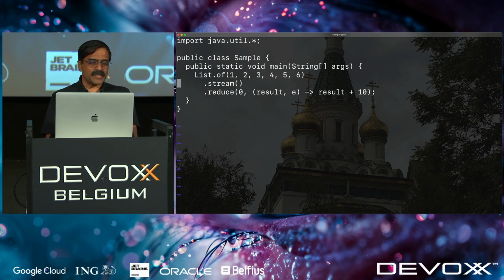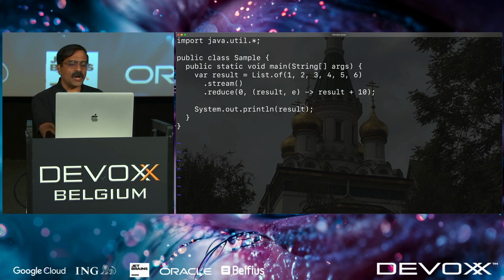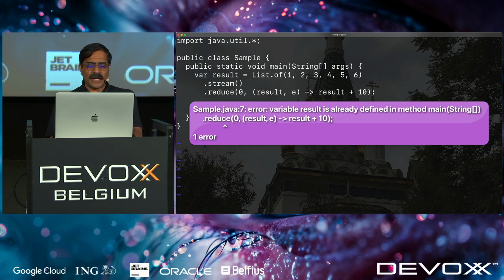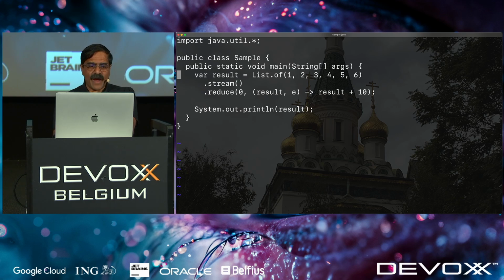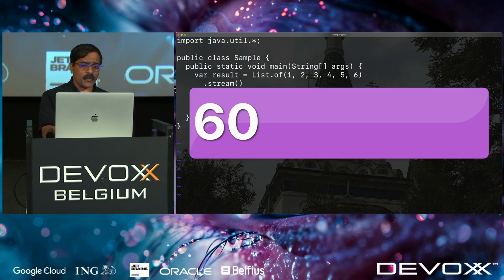As I promised, it's a very silly example. So I'm going to say result is equal to, and I'm going to then output the result at the very end of it. So when you look at this code, you can see that it is going to come up with the value. Let's call this sum, and I'll call this sum as well. So you can see that's the output we got.